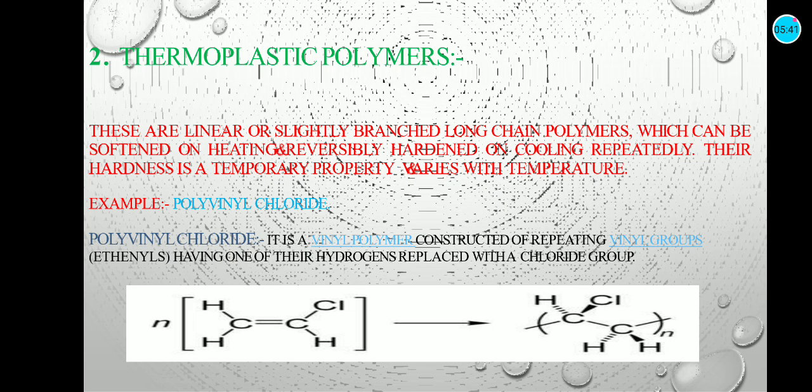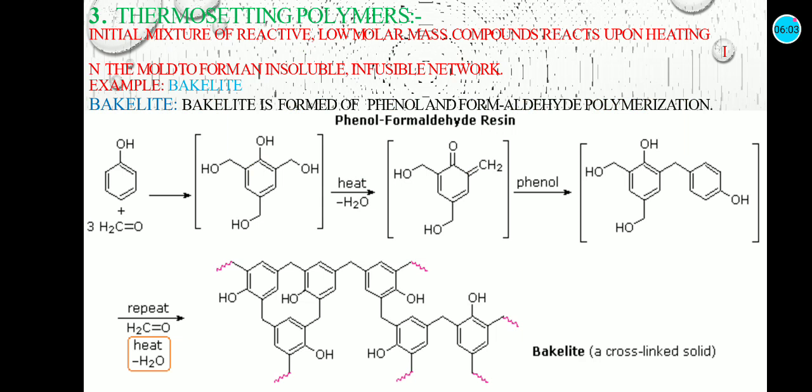For example, polyvinyl chloride. It is a vinyl polymer constructed of repeating vinyl groups, that is ethylenes, having one of their hydrogens replaced with a chloride group.